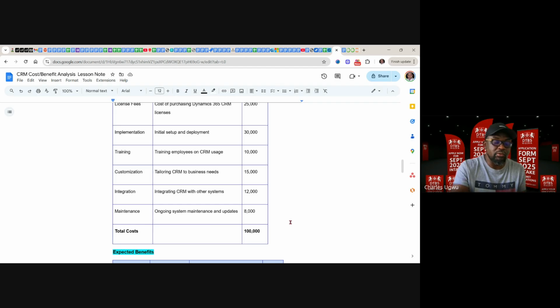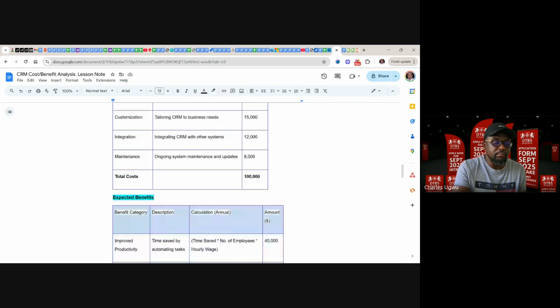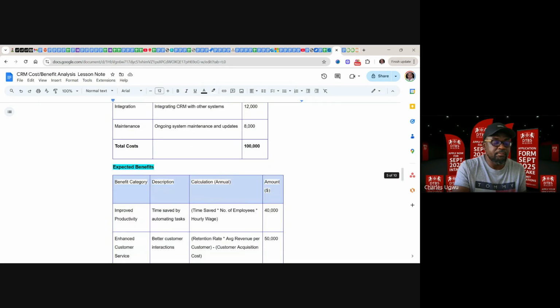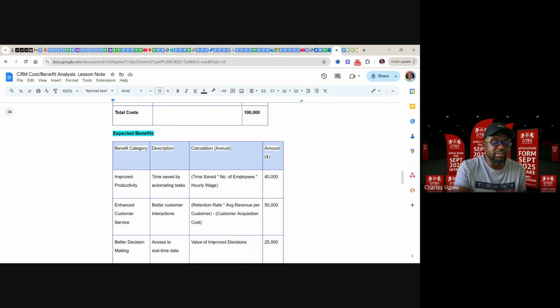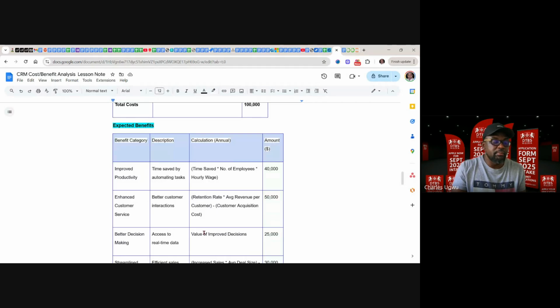Then if you want to look for total benefits, you have to list all the benefits. Here you see benefits: improved productivity, time saved by automating tasks. You can say 40,000.